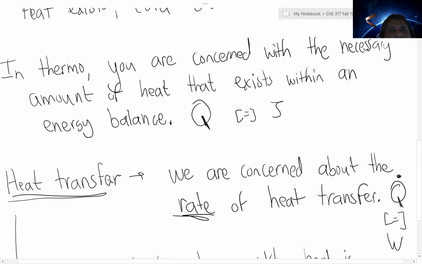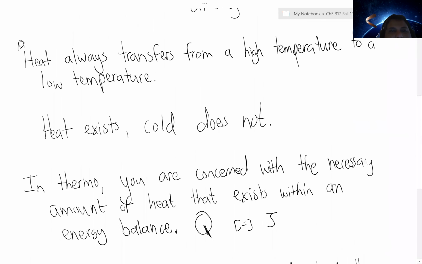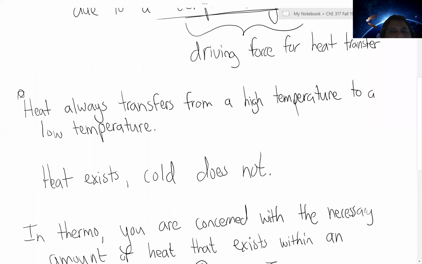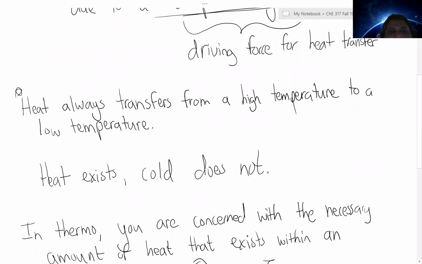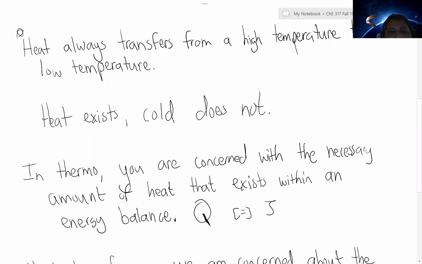So, just a quick recap of this brief introduction when we're talking about heat and heat transfer. Heat exists as an energy transfer due to a temperature gradient. This gradient always exists from a high temperature to a low temperature.